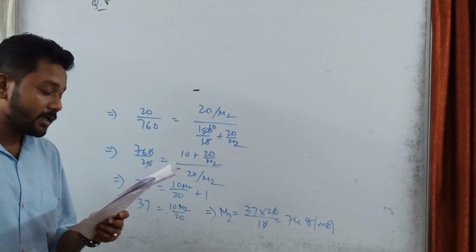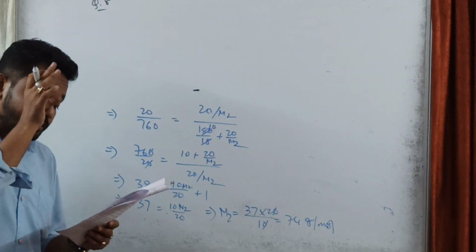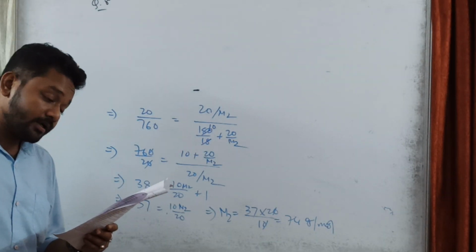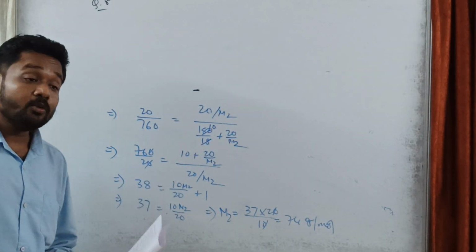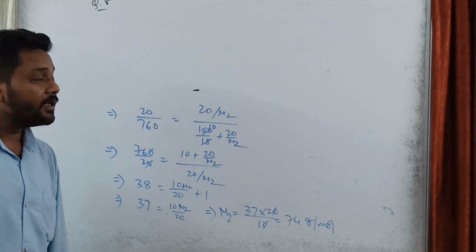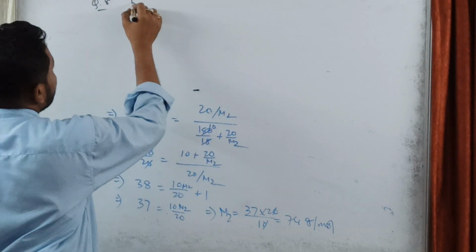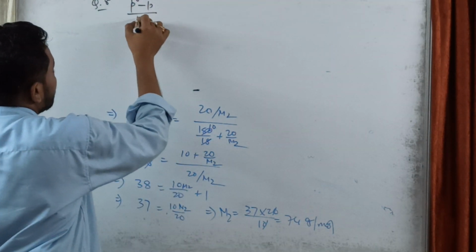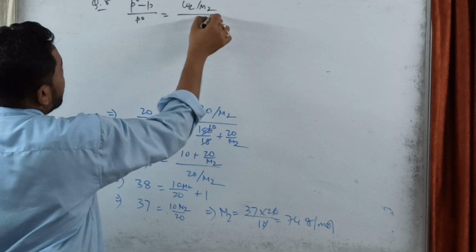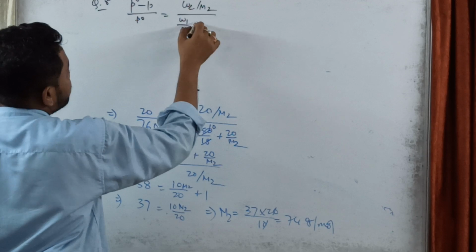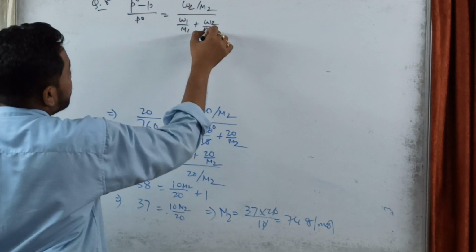Calculate the mass of non-volatile solute, which should be dissolved in 114 gram of octane to reduce the vapor pressure to 80%. That means the formula you know: P0 minus P by P0 is W2 by M2 divided by W1 by M1 plus W2 by M2.